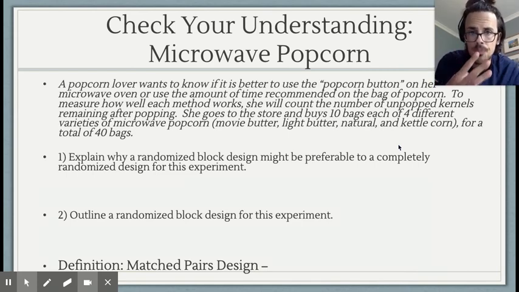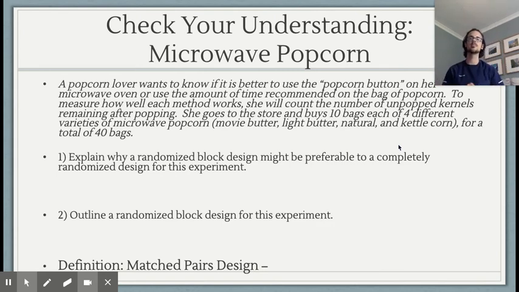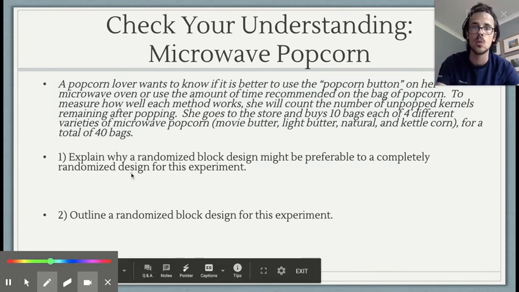40 bags altogether. Why would randomized block design be preferable to a completely randomized design? This I do want to write at least something on, because this is important and something I could very well ask you to do on a quiz.